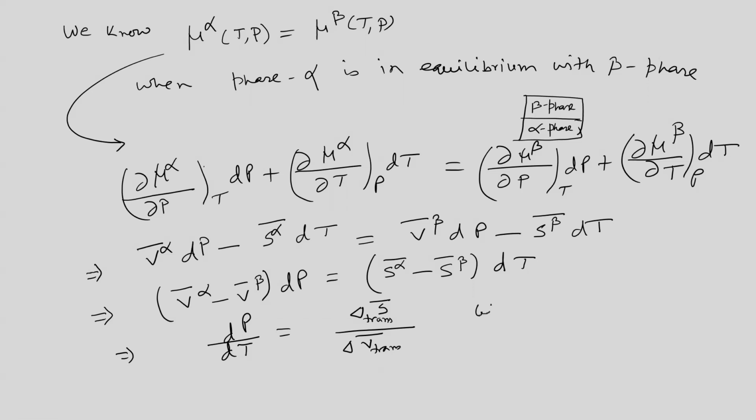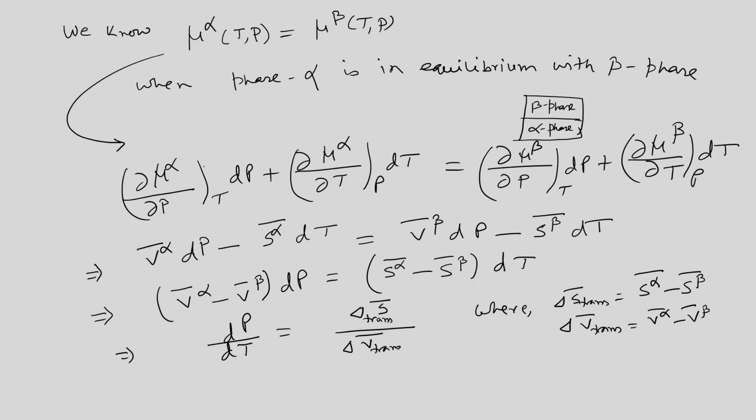Where delta S bar transition is nothing but S alpha minus S beta, and delta V transition is nothing but V alpha bar minus V beta bar.